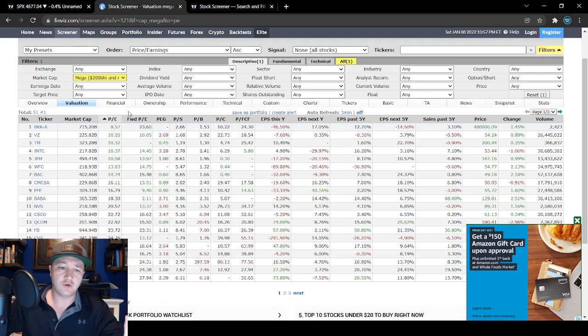But PE ratio is the price that you're willing to pay for those earnings right now, where the stock is trading at right now. Forward PE ratio is saying this is the price that you would be paying for next year's earnings from this company. What this company thinks they're going to earn next year, the current price of the stock gives you this value.